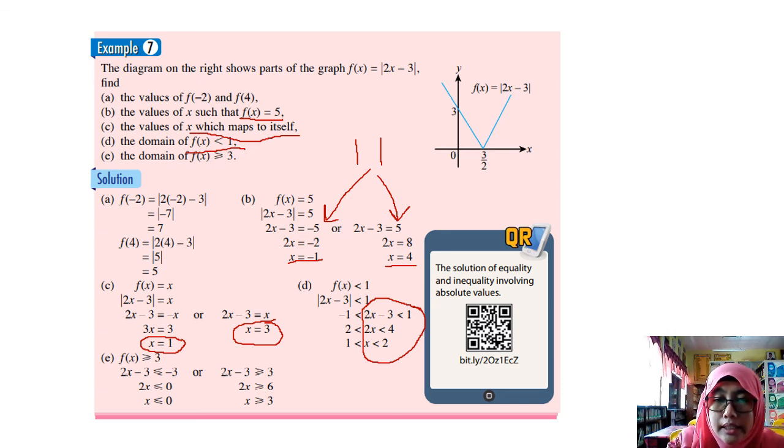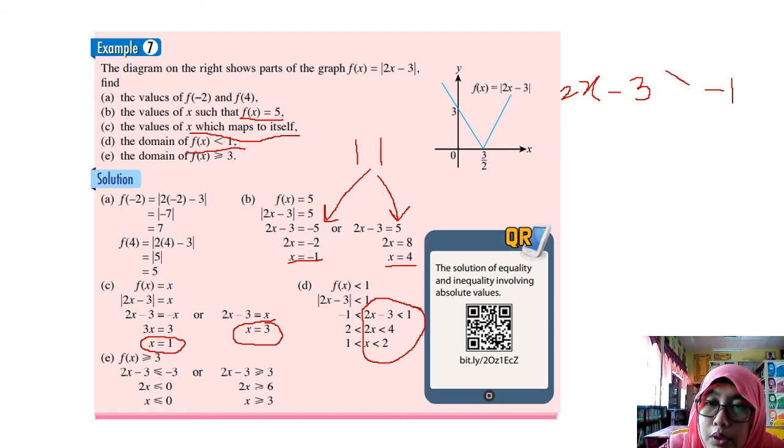Tapi pelajar akan tanya cikgu, cikgu kenapa sebelah kiri ni dia tanda simbol macam ni? Macam ni cikgu dapat? Okay, dia actually sama dengan yang atas ni. Kalau kamu tengok, okay, kita buat sikit. 2x tolak 3. Okay, bila lebih kecil daripada 1 betul dah. Okay, satu lagi mesti letak negatif 1. So, bila sebelah kanan negatif 1, asalnya simbolnya sebelah kiri kan?